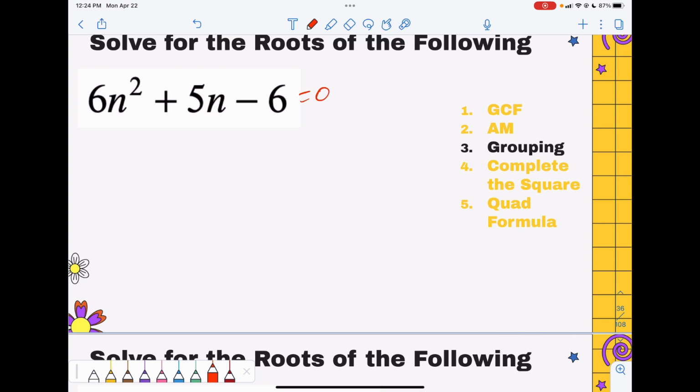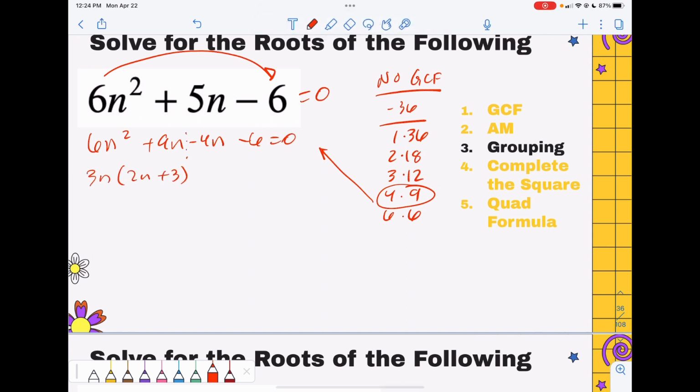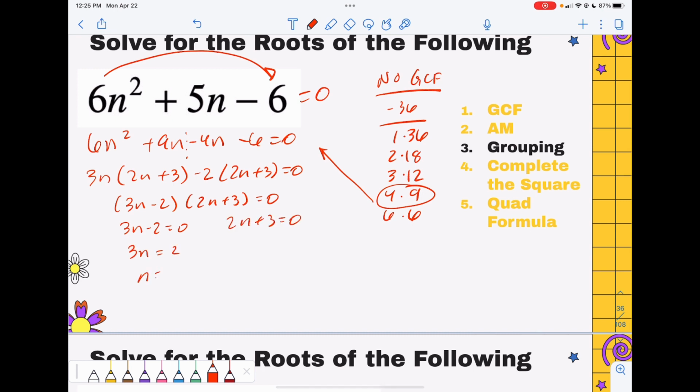Feel free to pause the video here, give this a try as well. All right, so there are two roots. n is equal to 2/3, n is equal to -3/2.